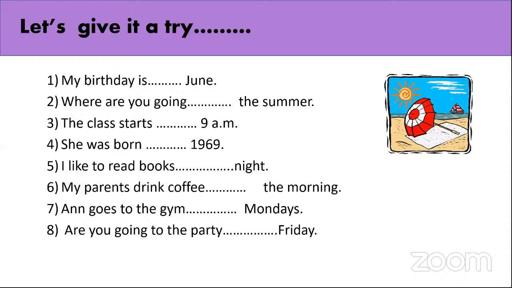Okay, quickly. You have to use in, on, or at. What are the prepositions you are going to use? In, on, at. You have to use in, on, at.